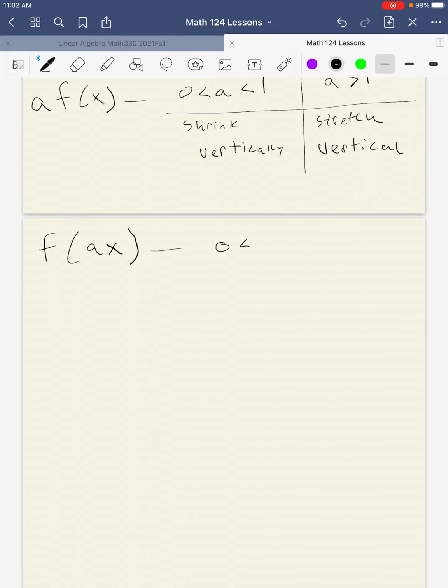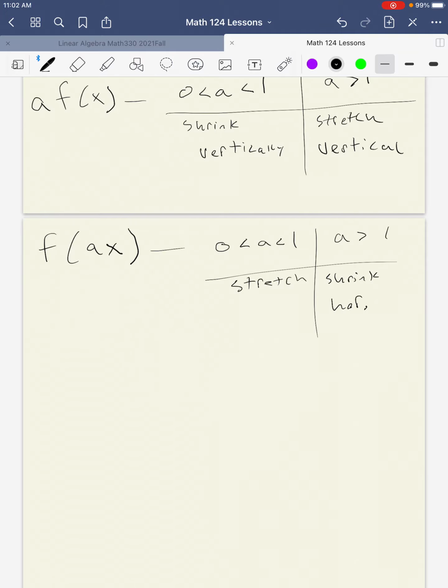If a is less than 1, a is greater than 1. So what we just found with that quick example was when a was greater than 1, that shrunk in the horizontal direction. And then in the other case, we have stretching horizontally.